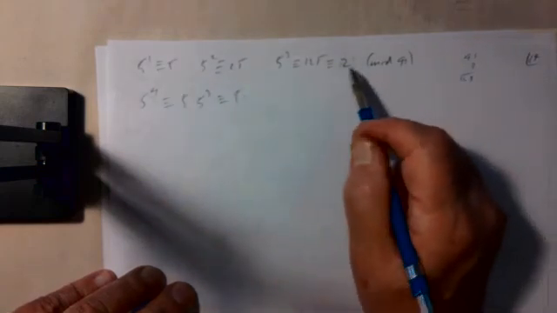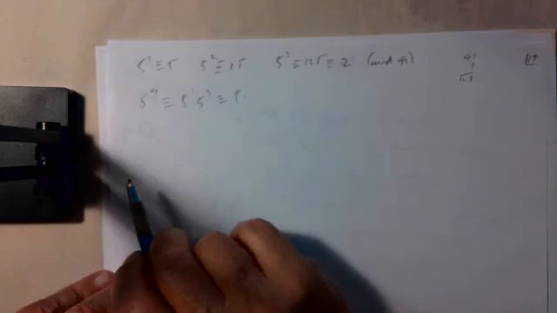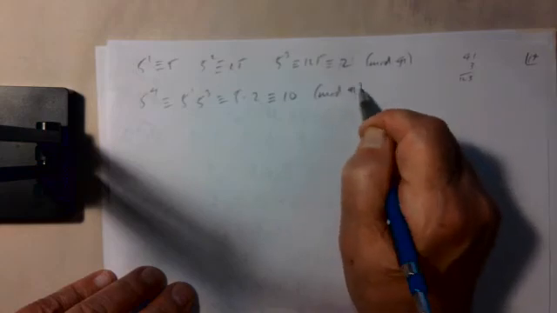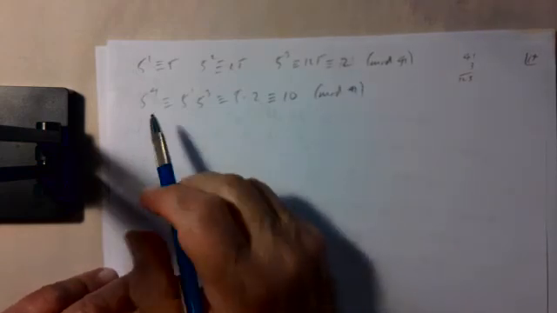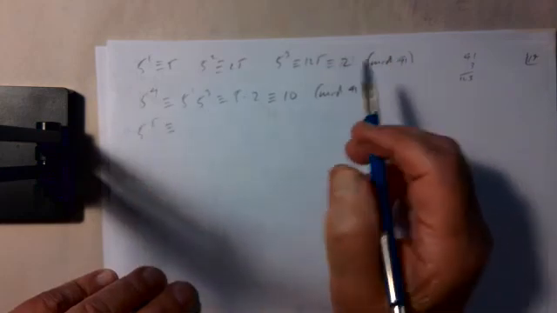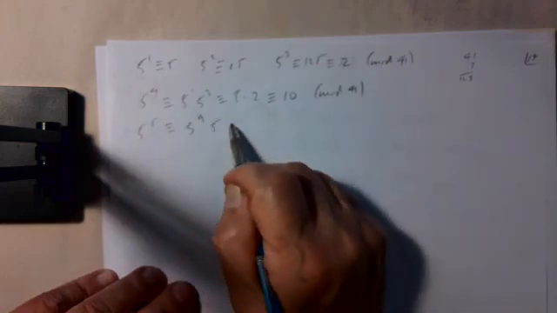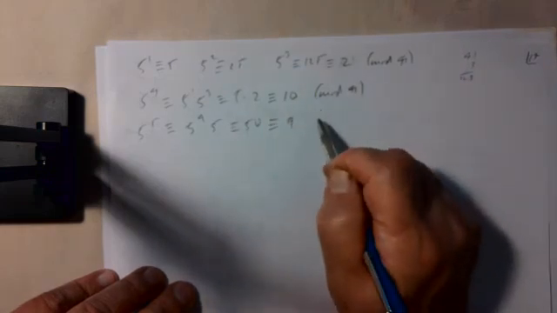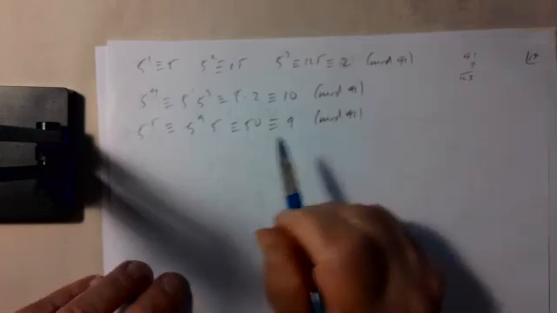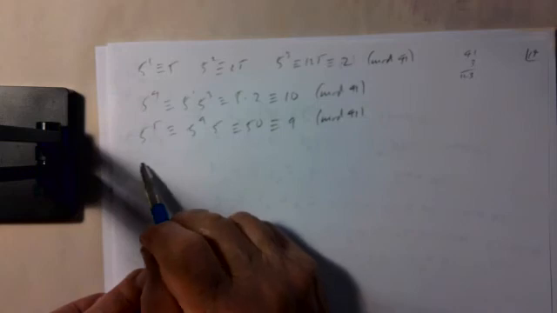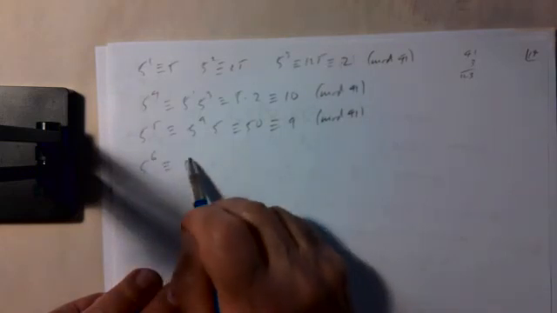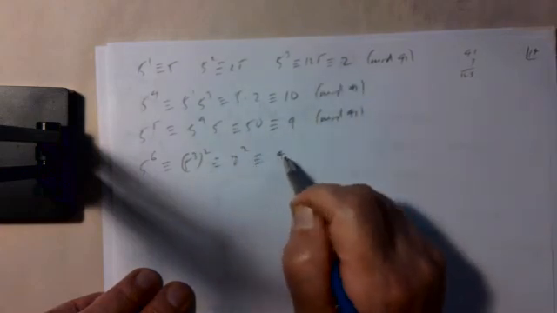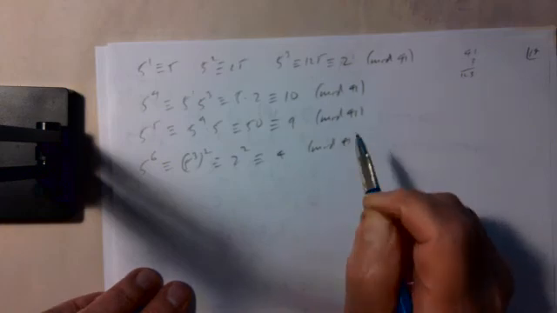That's 5. 5 cubed, according to this, is 2. 5 to the 4th is 10 mod 41. 5 to the 5th is 5 to the 4th times 5. That's 10 times 5, that's 50, which is 9 mod 41. 5 to the 6th is 5 cubed squared. 5 cubed is 2, 2 squared. That's 4 mod 41.